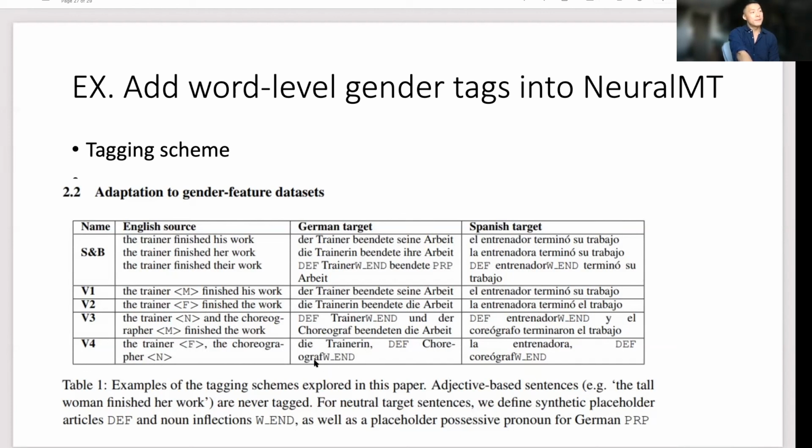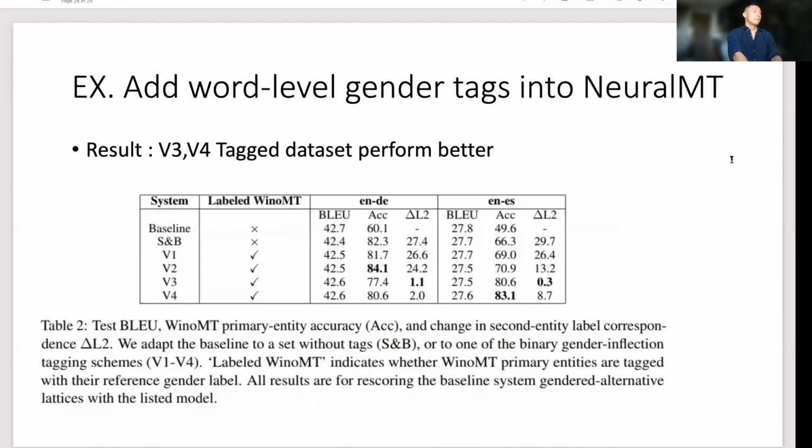For the choreographer, I think there are two versions that change the ending in German. I don't know German well enough to know what the words are. Similarly for Spanish, if you know Spanish, you probably know what it's talking about. But you can see that the word takes different endings for the male version and for the female version.